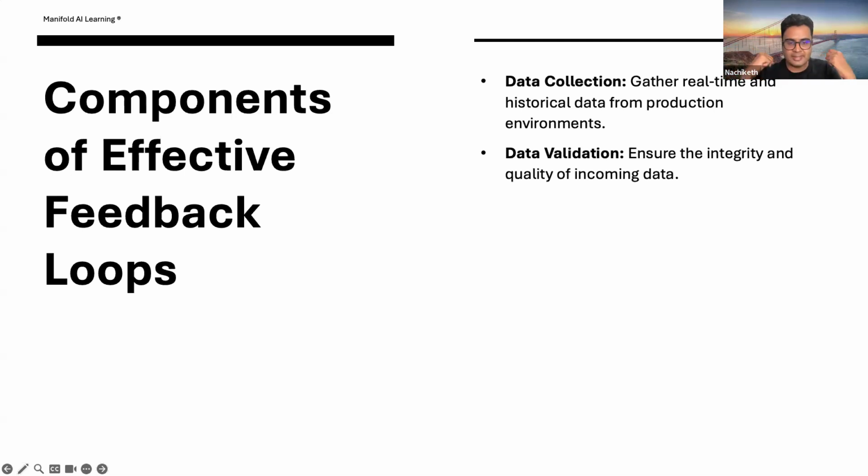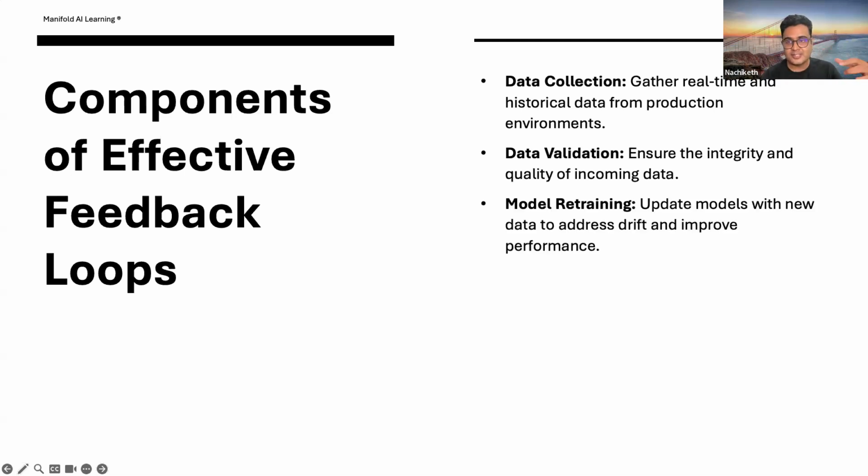Let's say I'm working with streaming data and making use of services like Kafka streaming or Kinesis Data Streams, and I'm capturing that streaming data. While capturing, before I place it into my data lake or similar architecture, I'll do a validation to check whether the formatting is right, whether the data is correct, whether the data is present or not. We set up these kinds of data validation as part of the feedback loop.